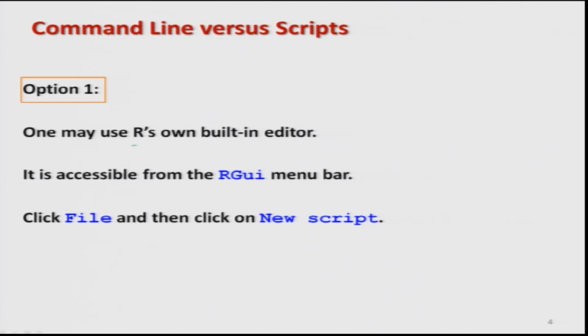The first option is to use the built-in editor inside the R software, that is R's own editor, which is easily accessible from R's graphic user interface window. Here you simply have to click on file and then click on new script.